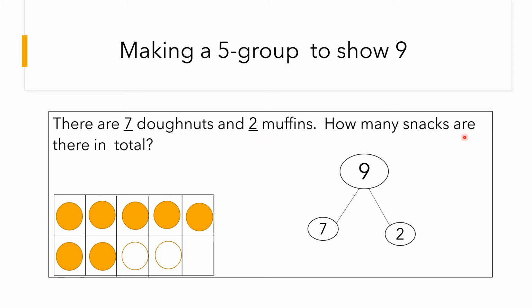How many snacks are there in total? So we know that we want to make this story into a 5 group to show 9, kindergarten. So we want to make sure we heard our numbers carefully. We heard the number 7, good job. And we heard the number 2 in our story.